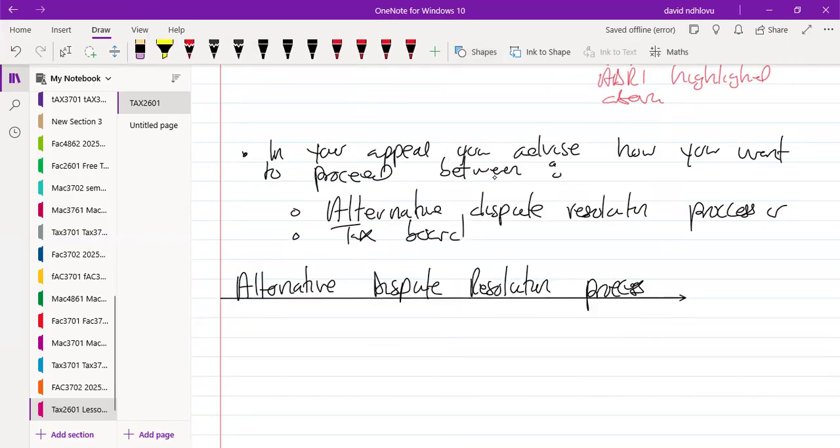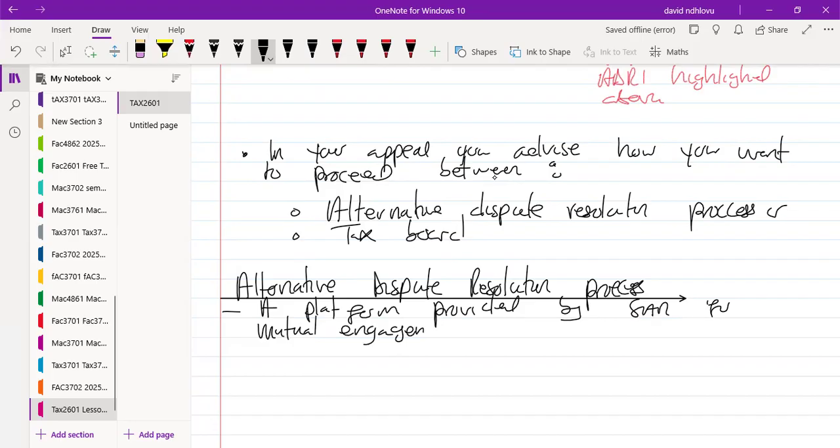Now, this is a platform provided by SARS, right, for mutual engagement, to find a solution between SARS and the taxpayer.